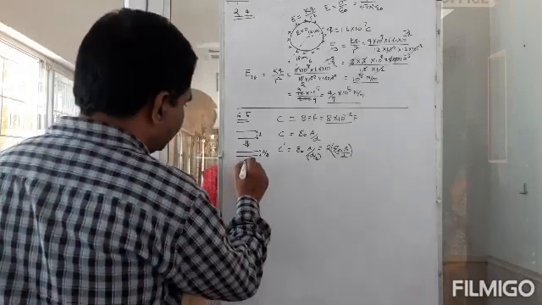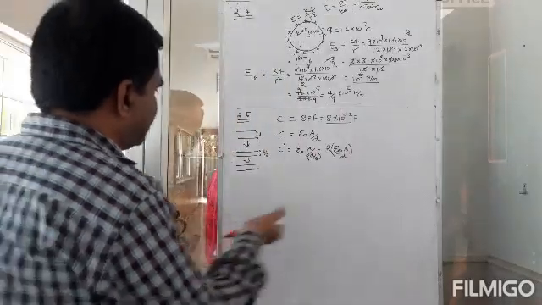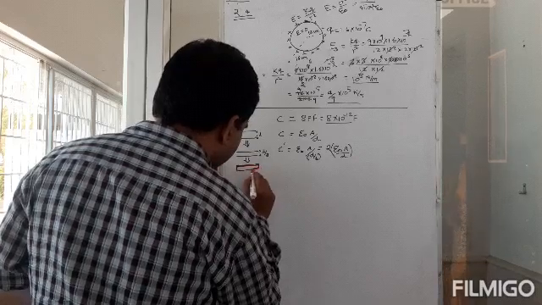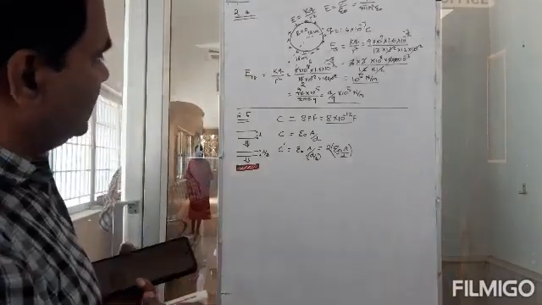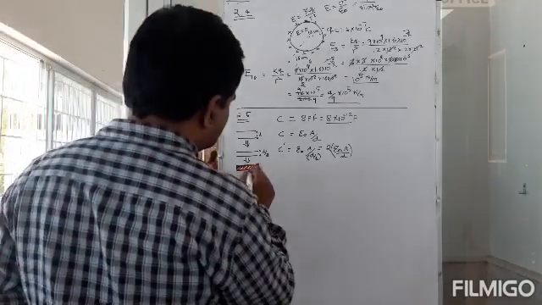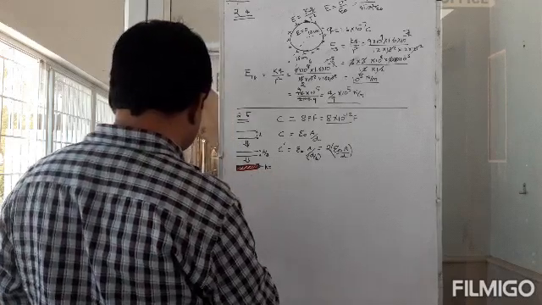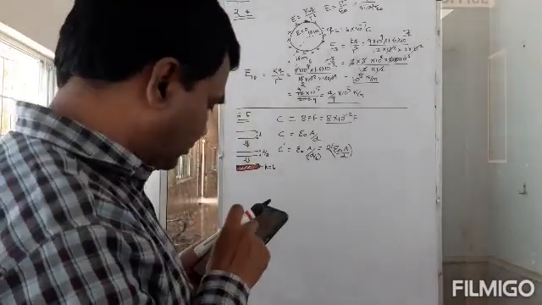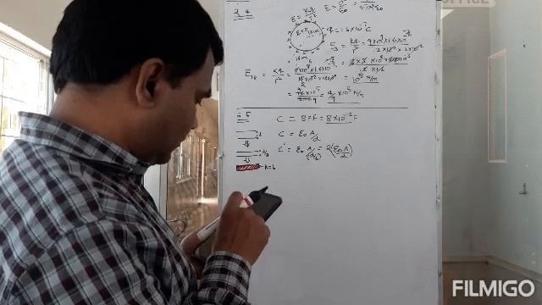If I insert a dielectric material like this, between the plates, and they said that this is the constant, dielectric constant K is equal to 6. K is equal to 6 now. Right? K is equal to 6.